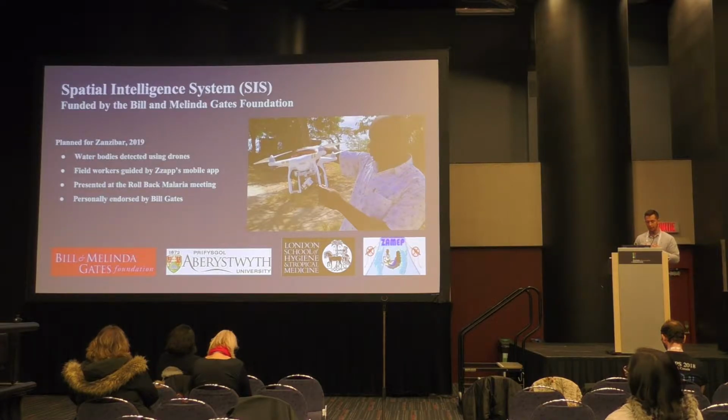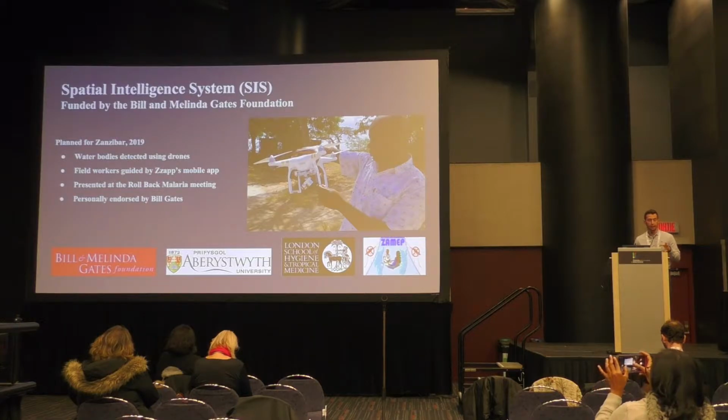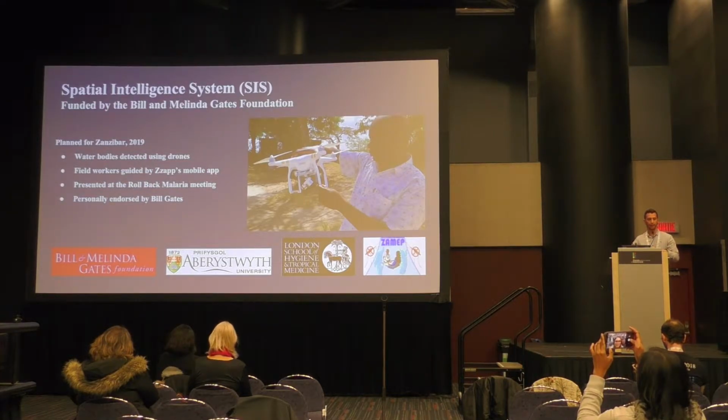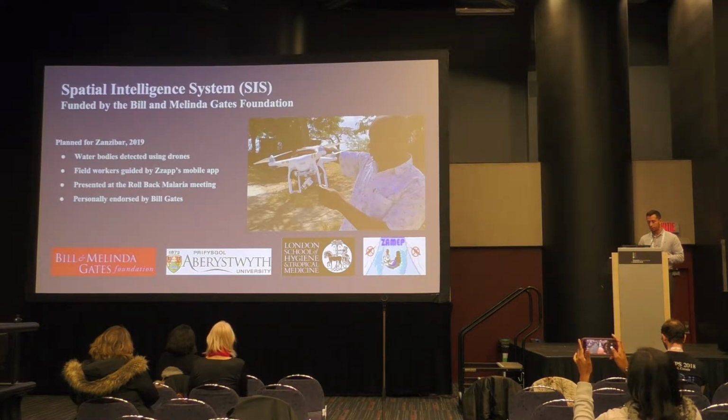Another project that we're doing next year in Zanzibar is incorporating drones to scan, because they can scan faster than people, as well as satellite imagery to identify the areas that we should be focusing on. We're incorporating our technology there.